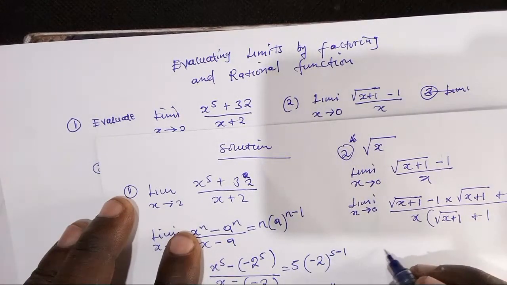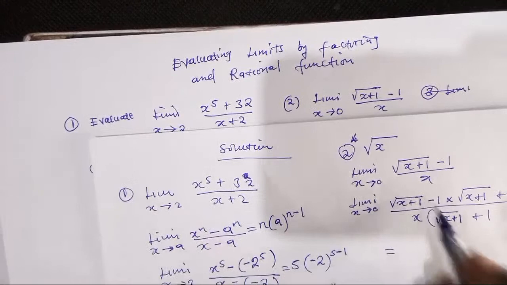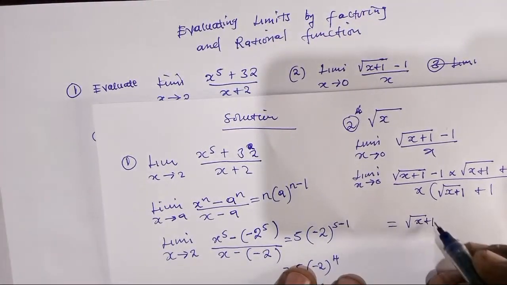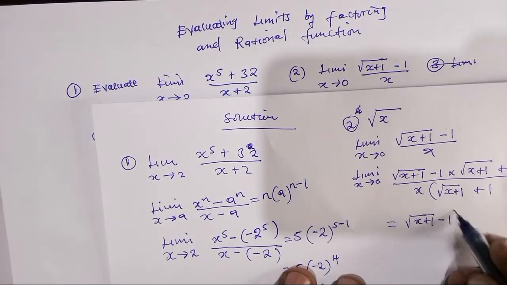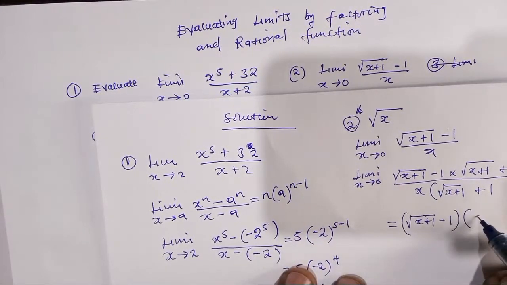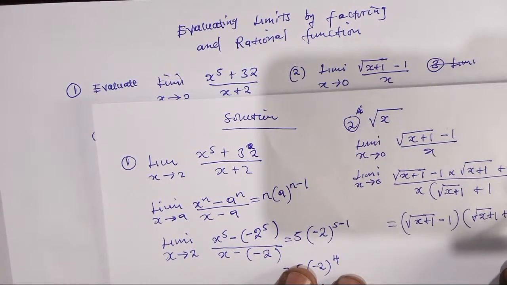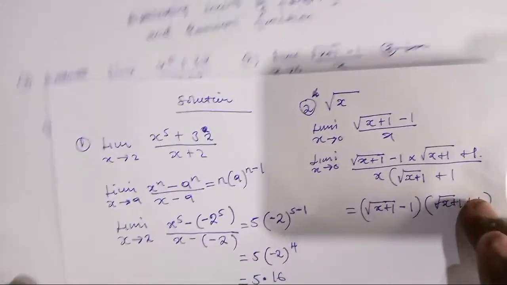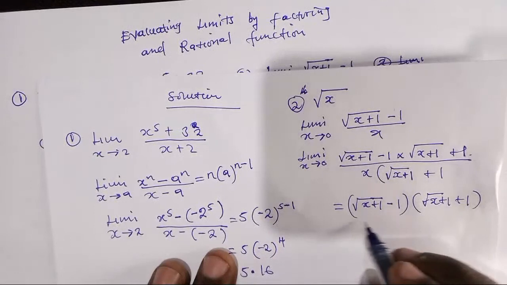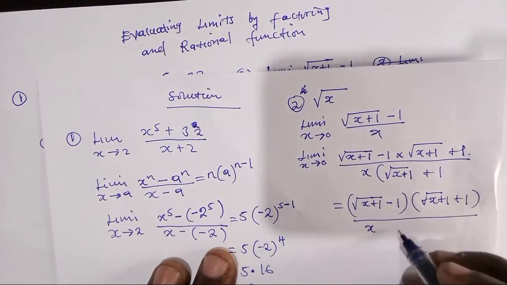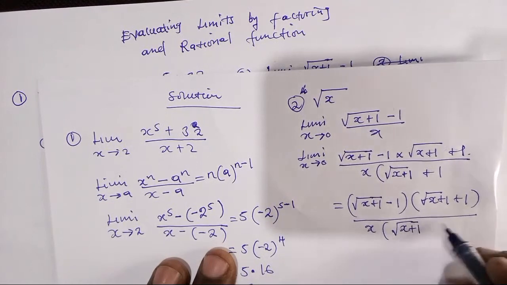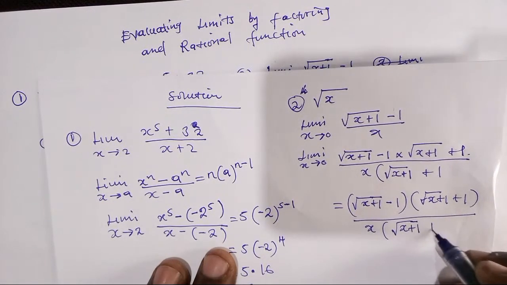Here we are multiplying (root x plus 1 minus 1) in the bracket by (root x plus 1 plus 1), over x times (root x plus 1 plus 1).